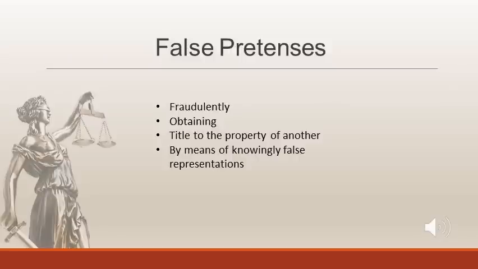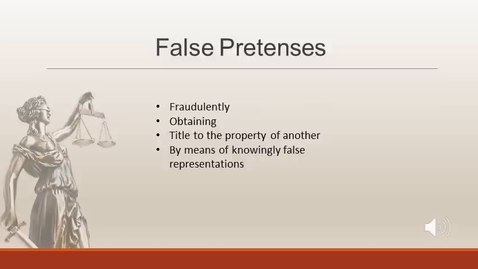The next element, obtaining. This has an RPP component to it, and the idea of justifiable reliance, just like misrepresentation in intentional torts.